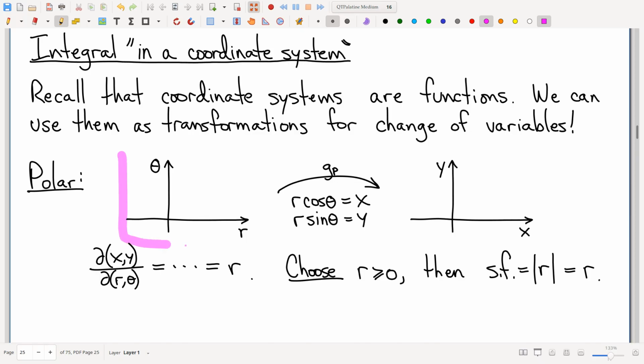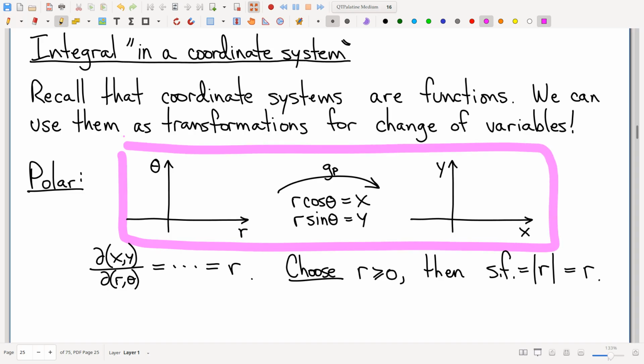Y'all recall that polar coordinates you can think of as a function. We've written down these formulas previously, and you can view these as equations involving coordinates, but I like to think of them as making up a function. R and theta are the inputs, x and y are the outputs. Check it out, it's a change of variables function.